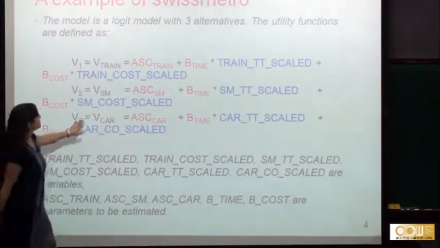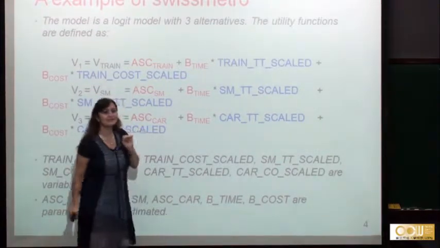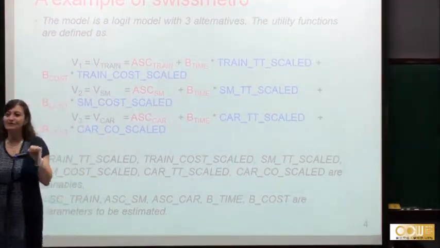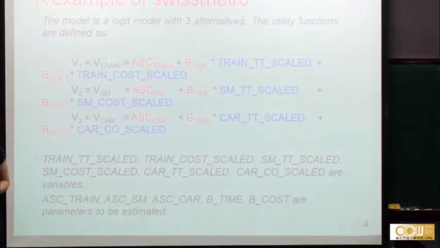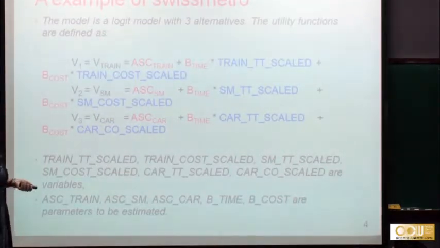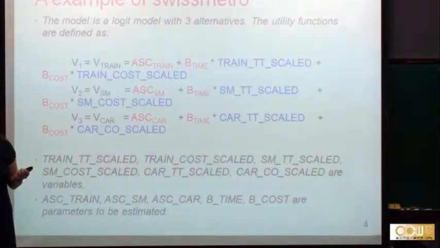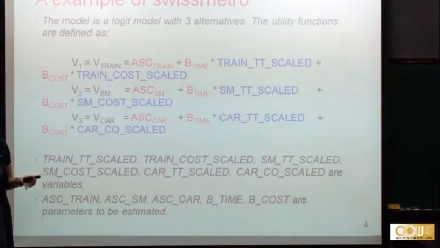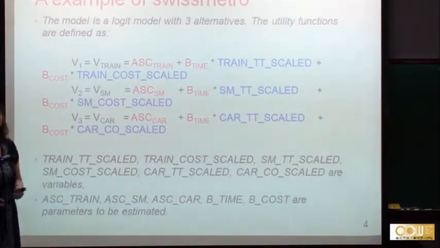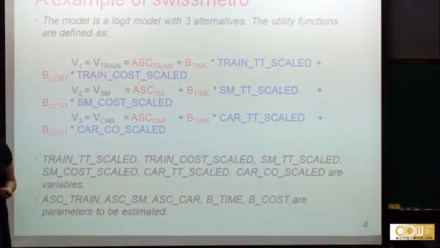You see that he says travel time and travel cost is scaled. I think he divides this by 100 for computational issues. So the optimization is easier if he scales this variable. But you know that multiplying a variable by the same number in all the utilities doesn't make any difference, right? Because multiplying by the same quantity doesn't change your model.